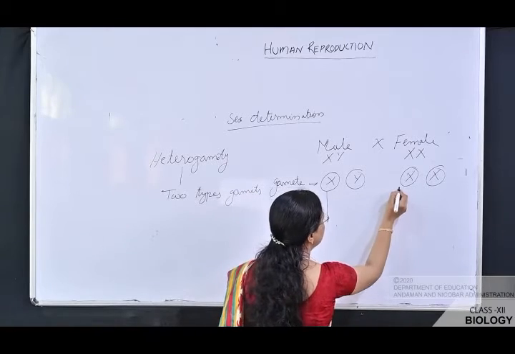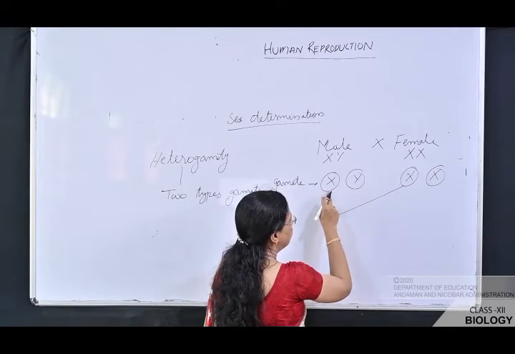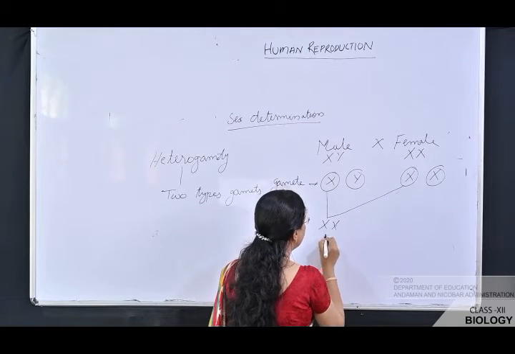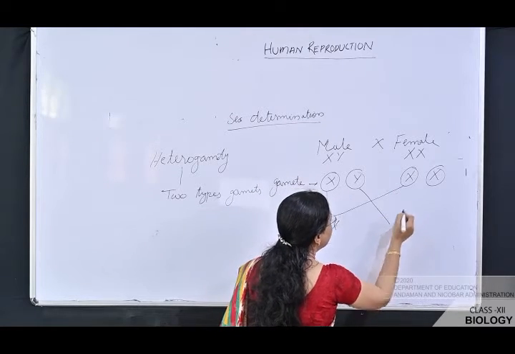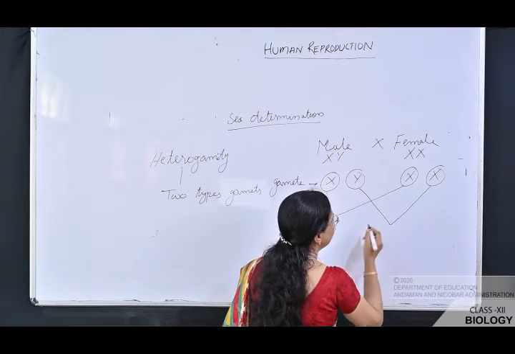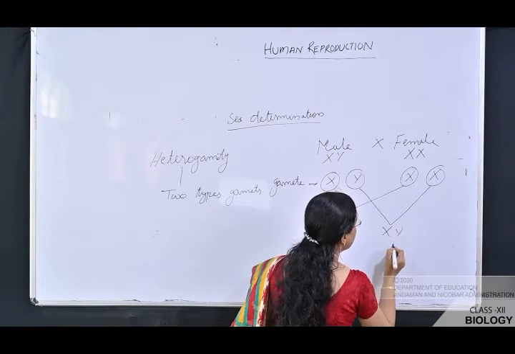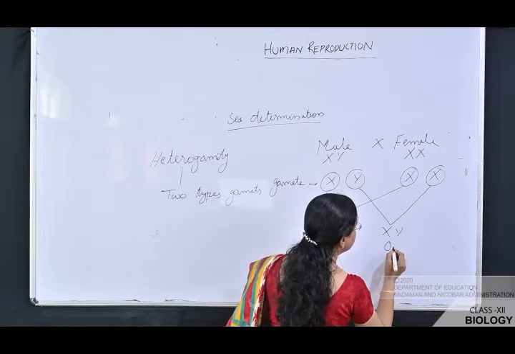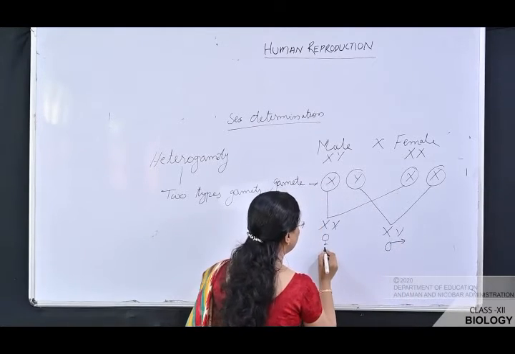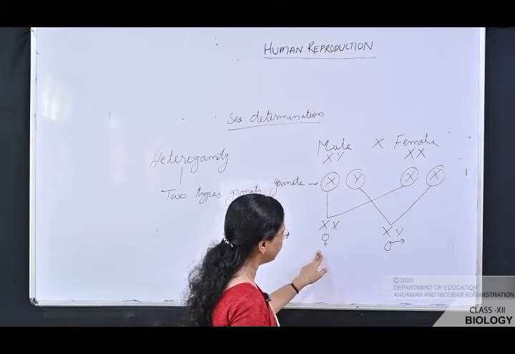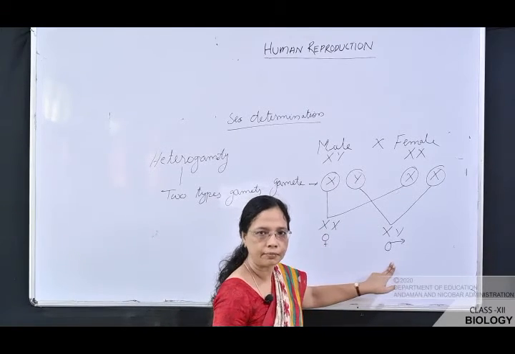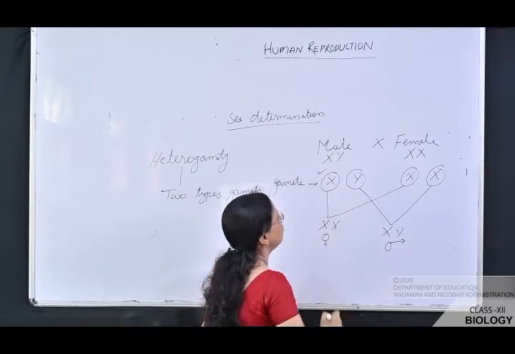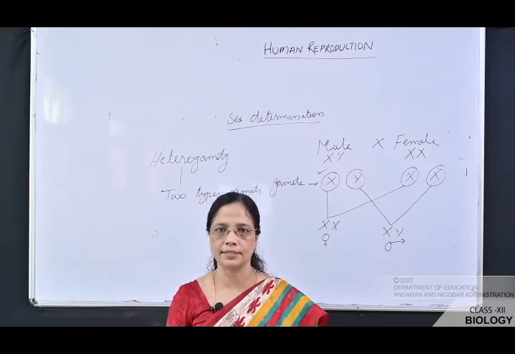When the gamete carrying the X chromosome fuses with the egg, a female child is produced. When the Y carrying spermatozoa fuses with the egg, it produces a male child. Who is responsible for this? Males are responsible for sex determination.